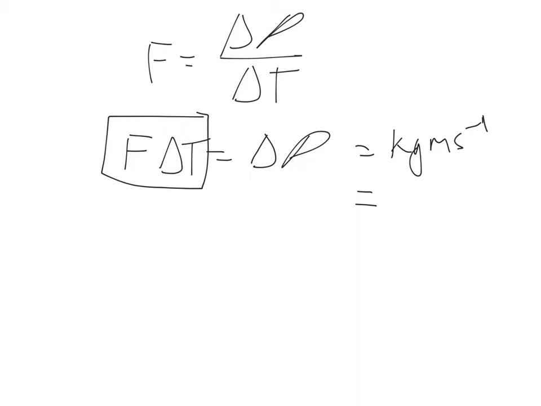Even though change in momentum is the same as momentum, impulse technically has the same unit, but it also could be Newton seconds, because force is in newtons, time is in seconds. So we can have two units for impulse. The more common one is the Newton seconds one. So that's the impulse there.